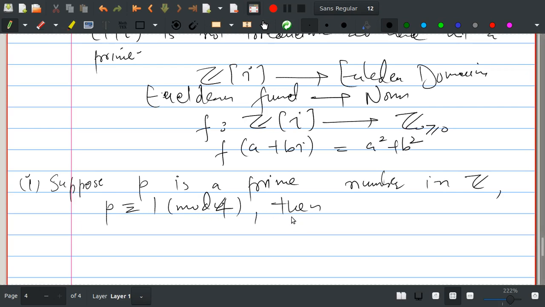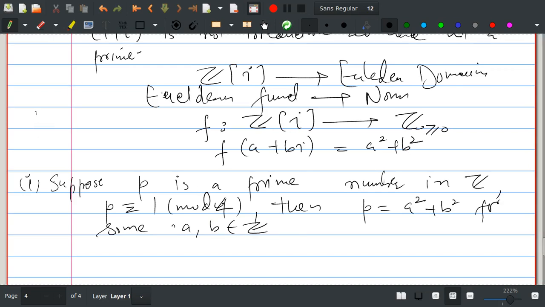Then Fermat's theorem on the sum of two squares says that this p can be expressed as a sum of two squares for some integers a and b. For example, 13 is a prime number which leaves remainder 1 when divided by 4. So that means 13 can be expressed as a sum of two squares, i.e. 2 squared plus 3 squared.